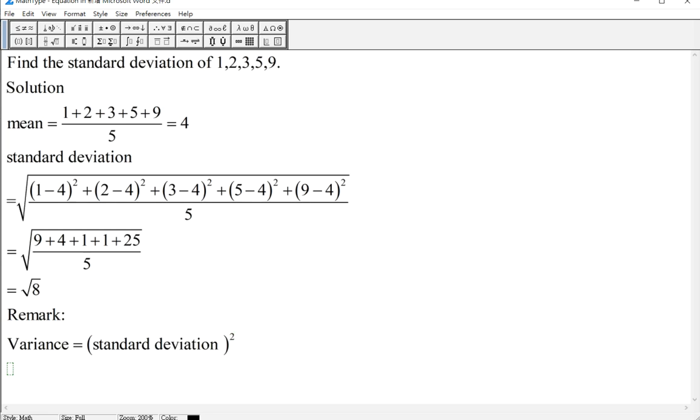So in this question, the variance would be 8. So that's the basic idea of standard deviation and variance.